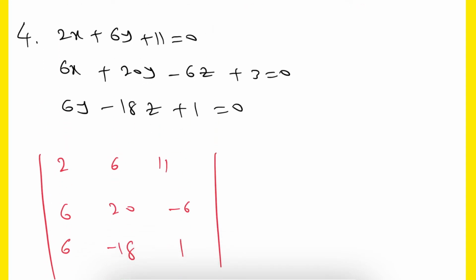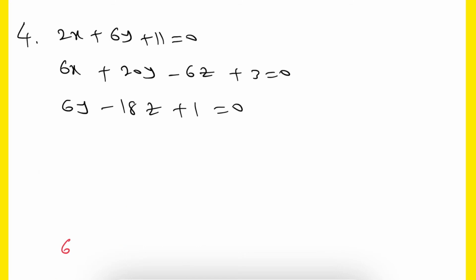Sorry, wait, we made a mistake. I am not observing, some variables are missing here, sorry for that. Okay, let us observe again. X coefficient is there, so 2. Y coefficient is there, so 6. Here the z alphabet is not there, so z coefficient will become 0 then.